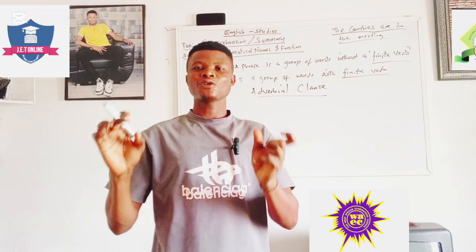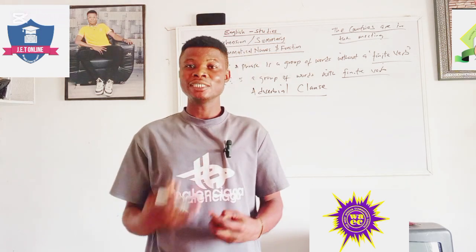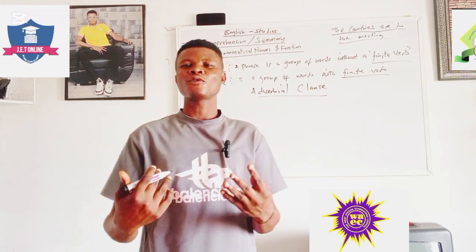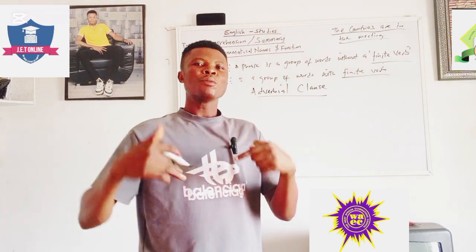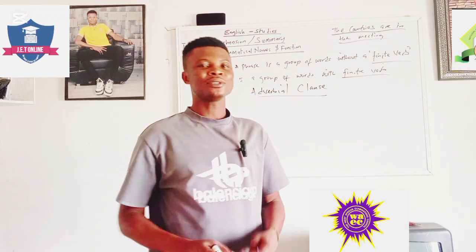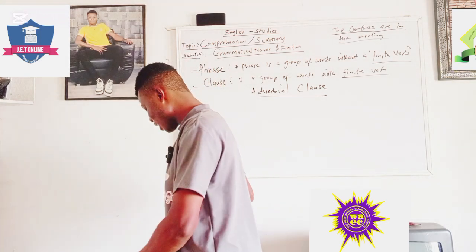That is, when you discover a marker of adverb in the expression, then you should know that that is an adverbial clause. And when you discover that the clause modifies the verb being described in the whole sentence, then that is an adverbial clause.